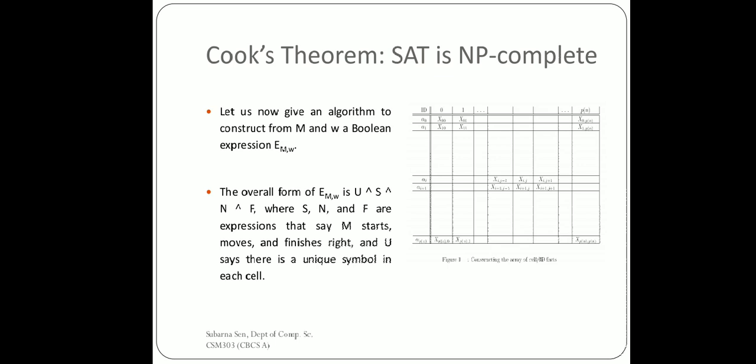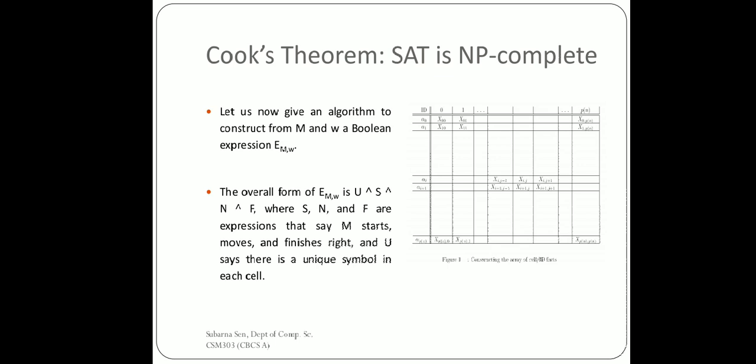The overall form of EMW is U and S and N and F. We will find out each separately: U, S, N, and F. S and F are the expressions that say M starts correctly, and N means whether it is moving correctly or not.